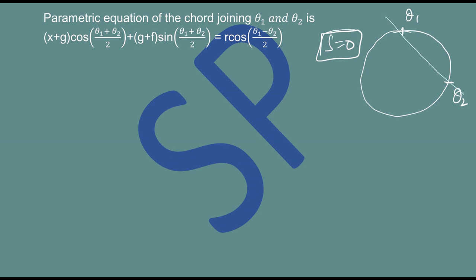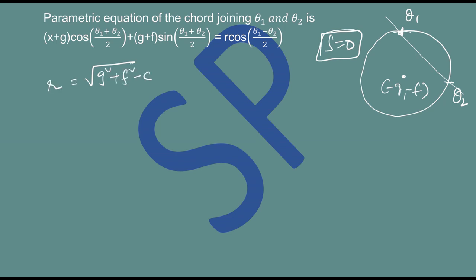Now, first of all, I want you to observe that to write the parametric equations, you should know the center of the circle. We know that the center is nothing but minus g comma minus f. And you should also know the radius of the circle. We know that the radius of s equal to 0 is nothing but root of g square plus f square minus c.